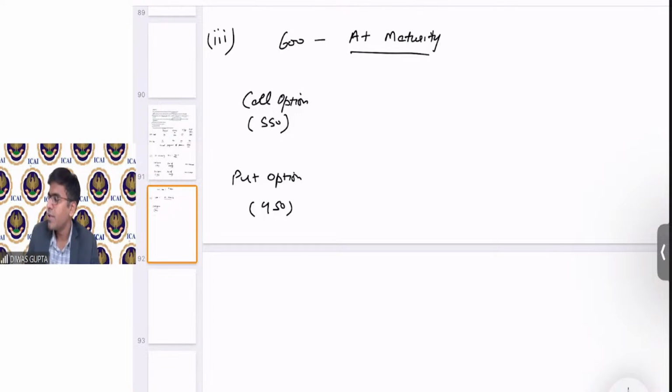Yes, very nice. Tanisha and Suraj, perfectly you are right. Now tell me, students, for call option, whether this will be out of the money, and for put option, whether they will be out of the money or in the money. The spot price has moved to 600, students.